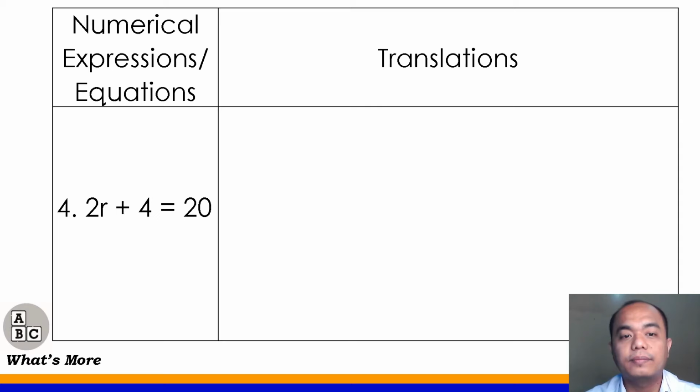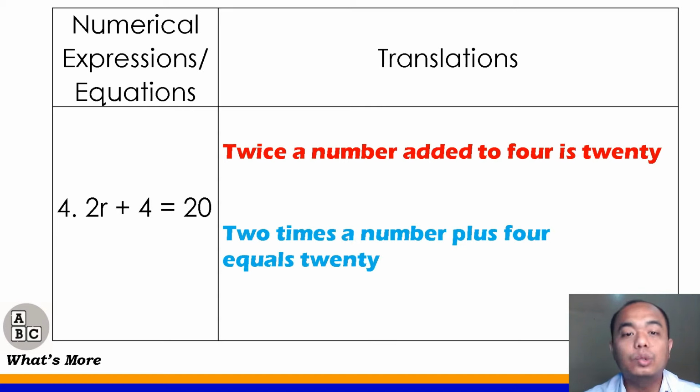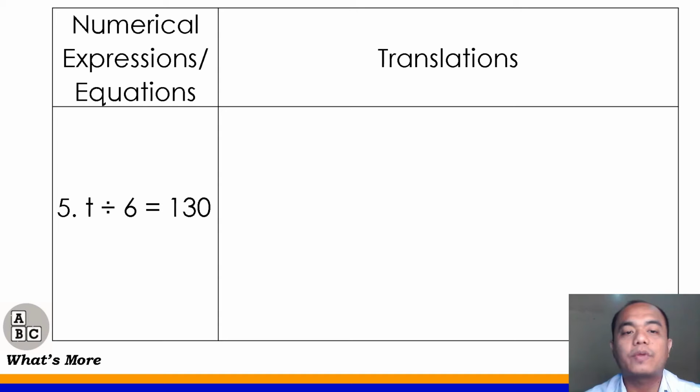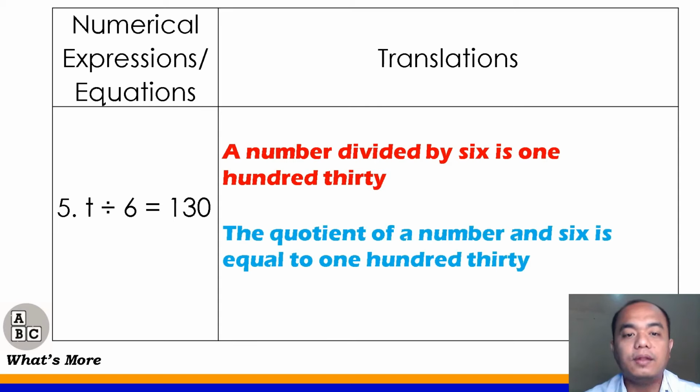Number 4, that means twice a number added to 4 is 20. Pwede ding 2 times a number plus 4 equals 20. Number 5. That's a number divided by 6 is 130. And the quotient of a number and 6 is equal to 130.